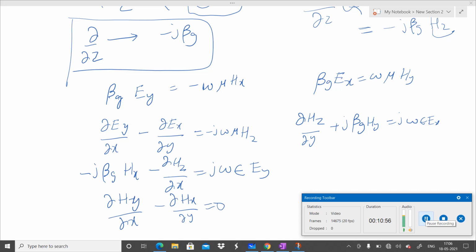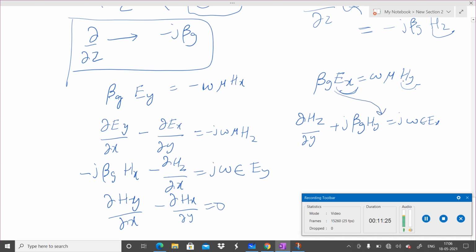Now it is very simple to solve, so I will give a clear hint here. These are a set of linear equations, nothing else. Suppose you represent ey in terms of hy and substitute that ex in terms of hy, and then you can substitute that hy in any one of these equations, suppose this equation.